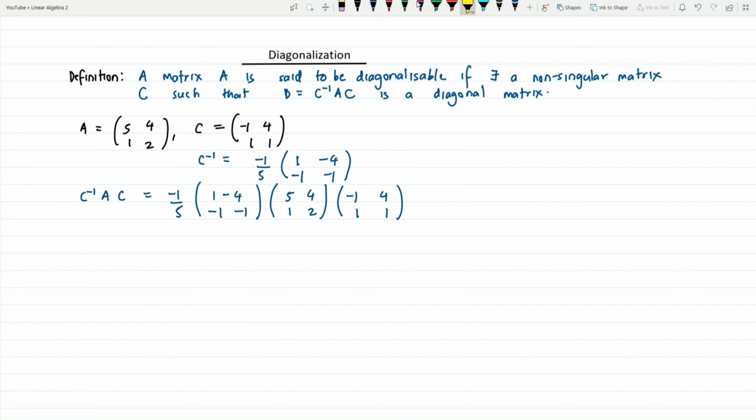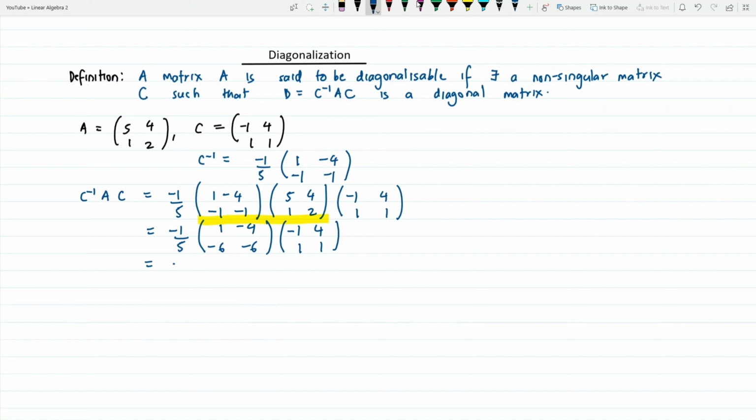We'll first multiply these two matrices and that gives us -1 over 5 times 1, -4, -6 and -6 times the matrix -1, 4, 1, 1.